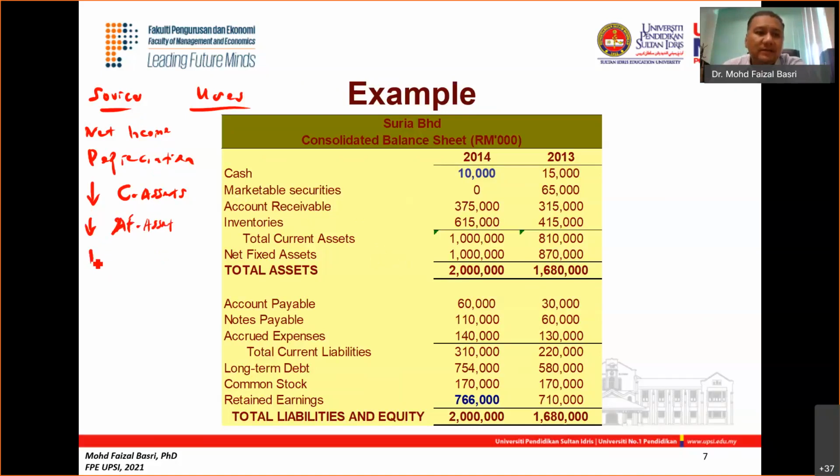And increase in liabilities. In fact, you can combine current and fixed assets. So any reduction in assets will be sources. Any increment in liability and also equity will also be considered as sources.